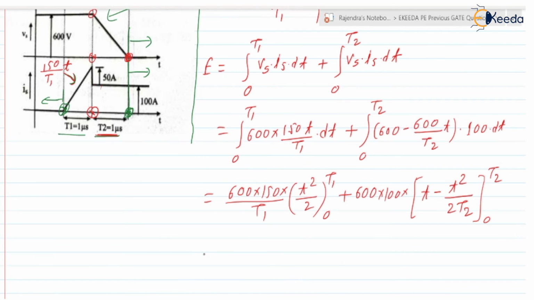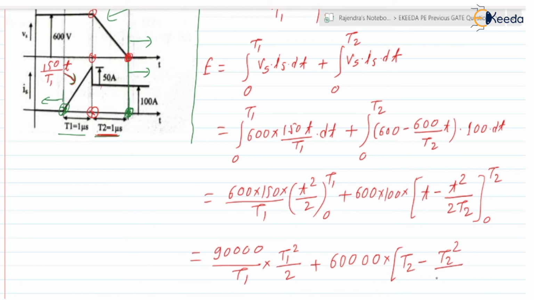So it is equal to 90,000 upon t1, into t1 square divided by 2, plus 60,000 into t2 minus t2 square divided by 2t2.